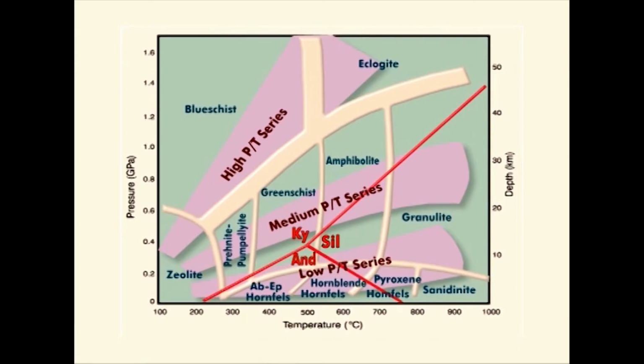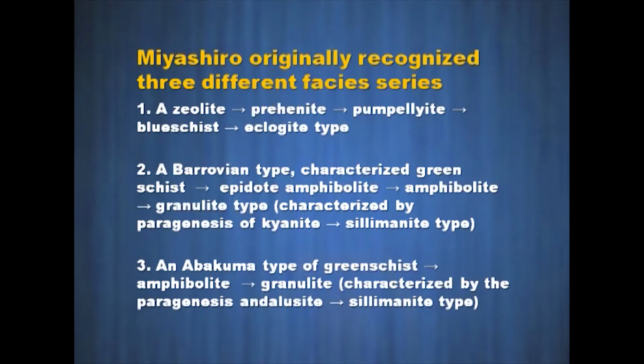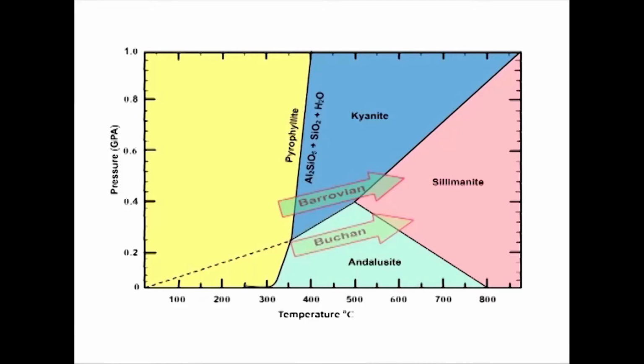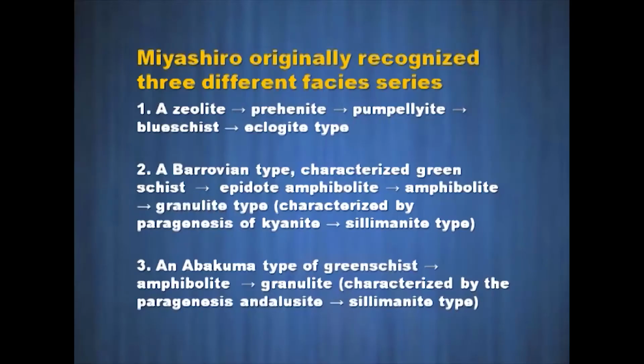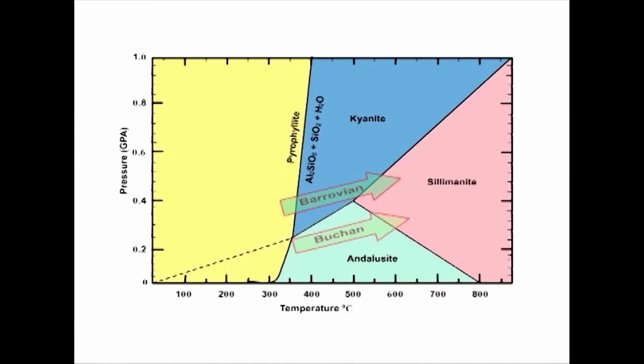Second, a typical Barrovian type characterized by greenschist, epidote amphibolite, granulite type characterized by paragenesis of kyanite, sillimanite type. And third, an Abukuma type of greenschist, amphibolite, granulite characterized by paragenesis of andalusite, sillimanite type.